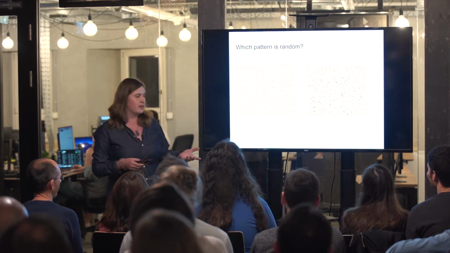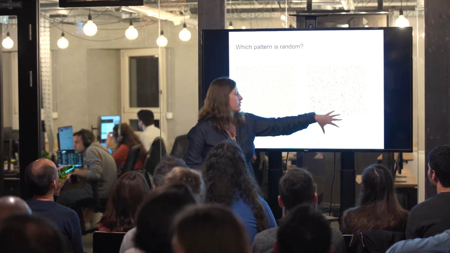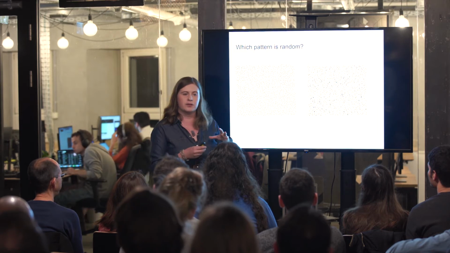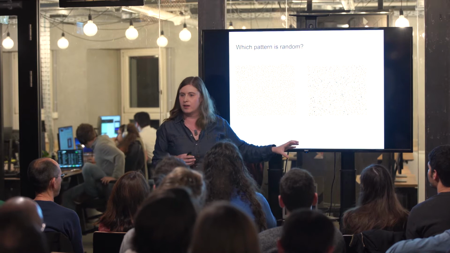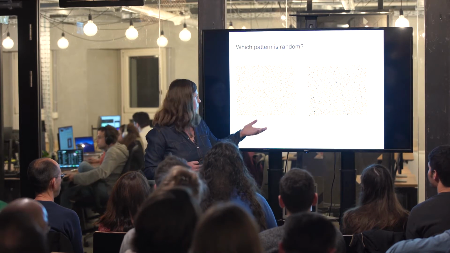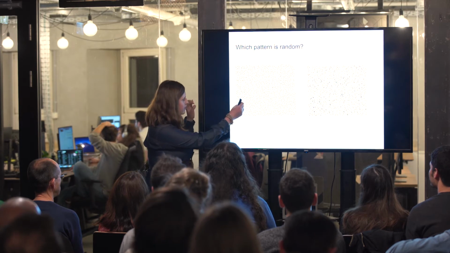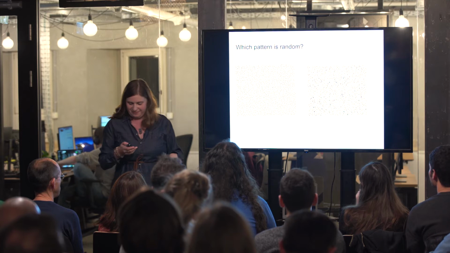And why is it so? Because normally there are some clusters which are naturally created, but our mind tends to perceive these clusters as something non-random, even though this is perfectly random. This is a pattern where there is some repulsion between particles, so this is not random.